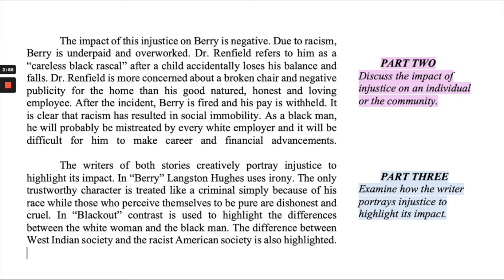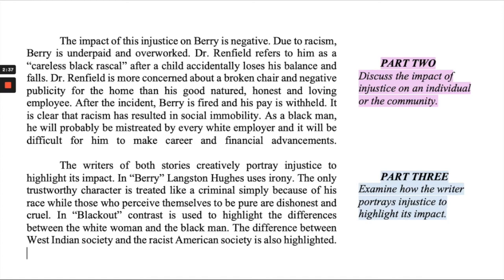So let's go. The impact of this injustice on Berry is negative. Due to racism, Berry is underpaid and overworked. Dr. Renfield refers to him as a careless black rascal after a child accidentally loses his balance and falls.